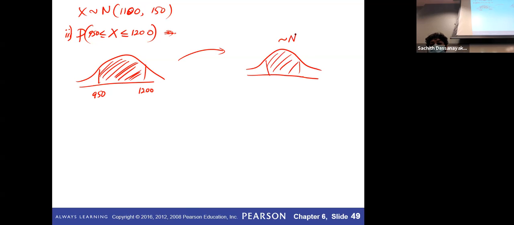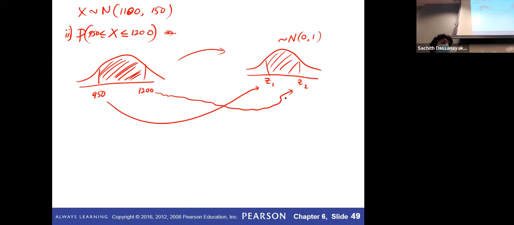Standard normal distribution denoted by N(0,1). Once you see this, you should know this is about standard normal distribution. So C1, C2, these are the values. You can simply map this one to this and this one to this. Let's say this is first one and this is second one.